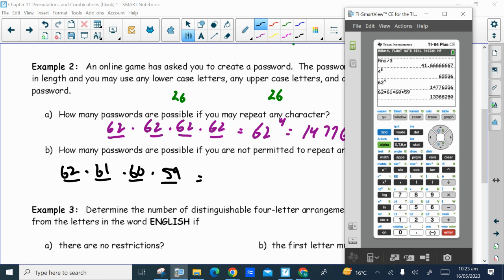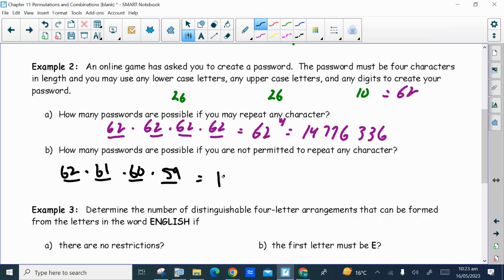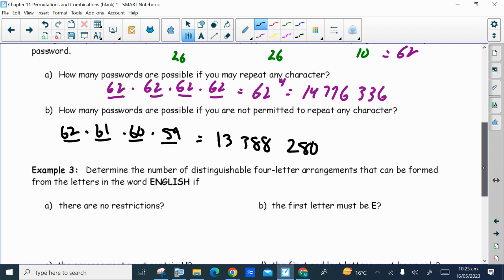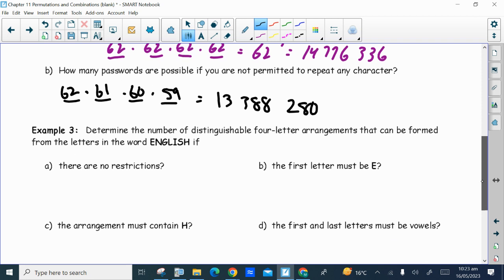So there's going to be fewer possible passwords if you're not allowed to repeat a character. Just over 13 million. 13,388,280. So as we go through this, we're going to be seeing examples where you have some restrictions. And this is how we deal with those restrictions. They're going to affect the number of choices you have in each space.